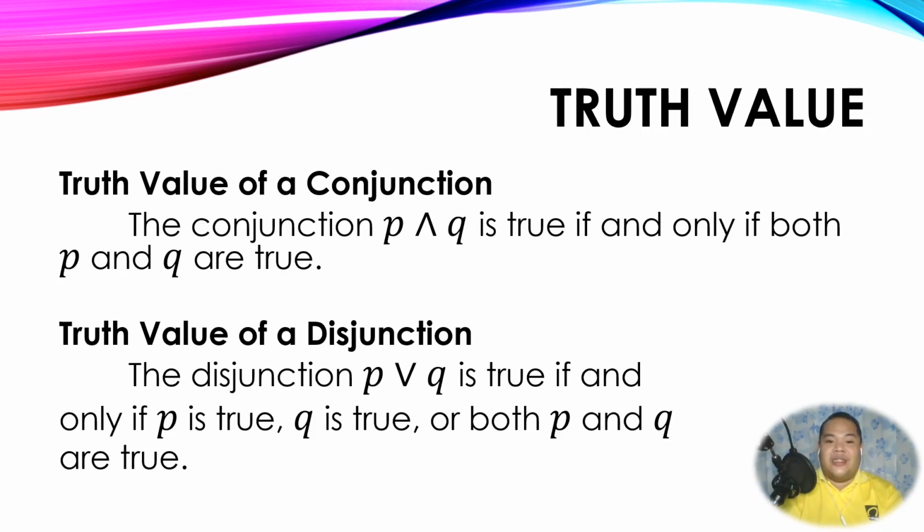In other words, if it is AND, both simple statements P and Q must be true. Then the entire compound statement becomes true. If it is OR, the entire compound statement becomes true when one or both of its simple statements is or are true.